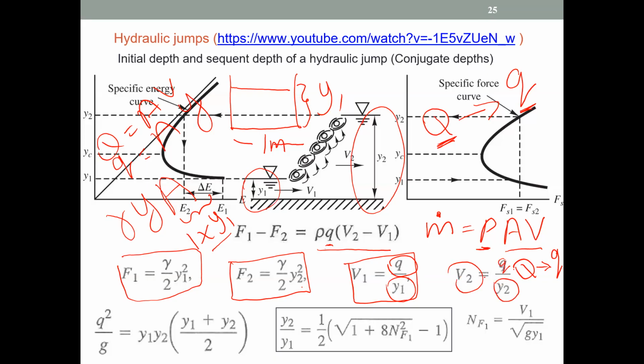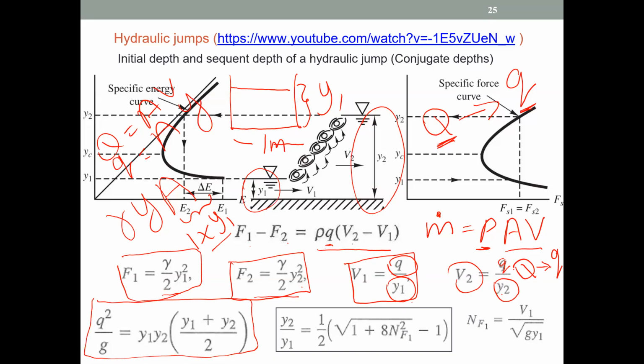So substitute them in here, right? F1 and F2 are in terms of the specific weight and Y1 and Y2. Then we have V2 minus V1 in terms of Q and Y1 and Y2. So substitute it here, and you have this equation, right?